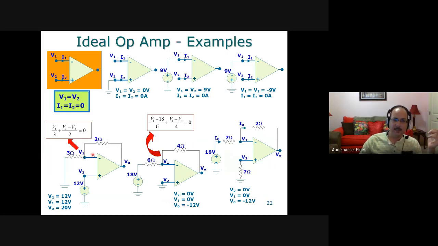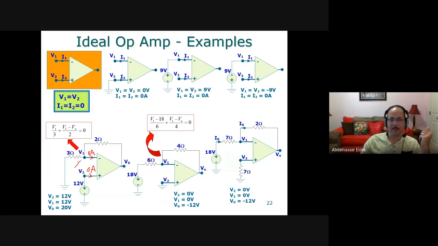If you look at this example, this current equals 0 ampere, and this current also is 0 ampere. V1 equals V2. V2 equals 12 volts, so V1 equals 12.